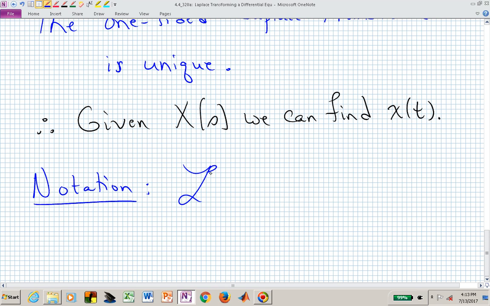Now we will say, instead of Laplace transform, let's do the inverse Laplace transform, which says that if we're starting with something in the frequency domain, capital X of S, we want to now inverse Laplace transform and end up back in the time domain with little x of t.